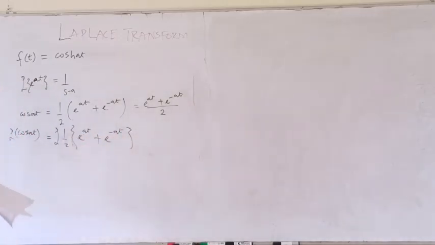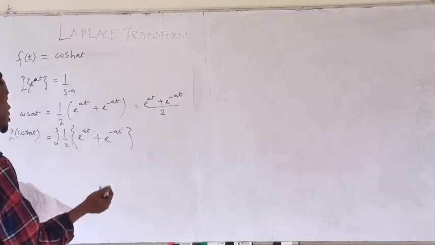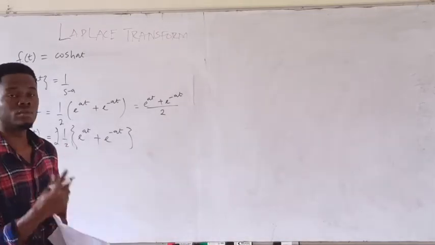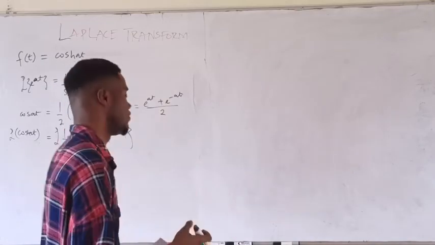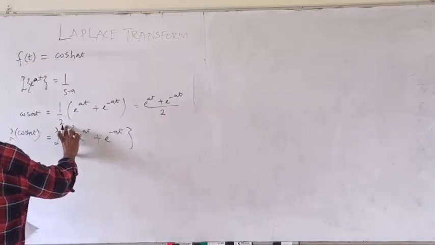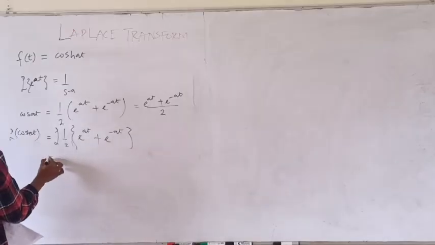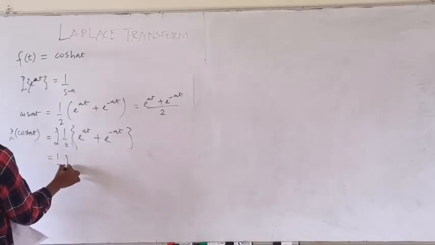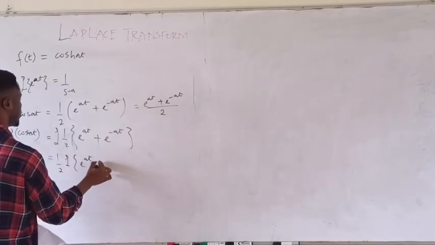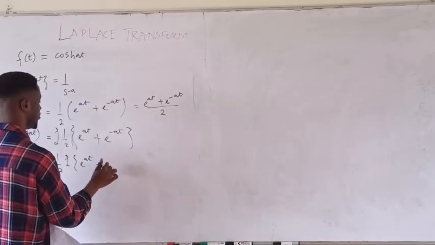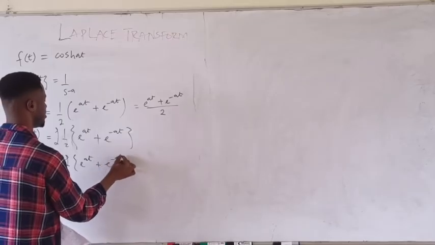One of the rules of Laplace, as I told you earlier, is that just like an integral, a constant can come out of the Laplace, right? So if 1 over 2 comes out of this Laplace, we have 1 over 2, the Laplace of exponential of at plus the Laplace of exponential of minus at.